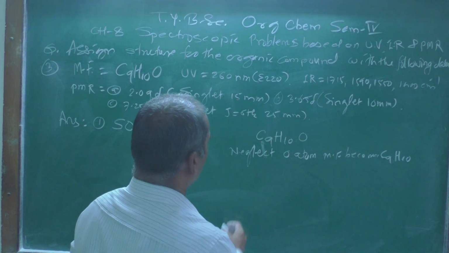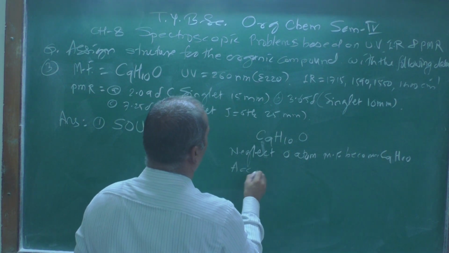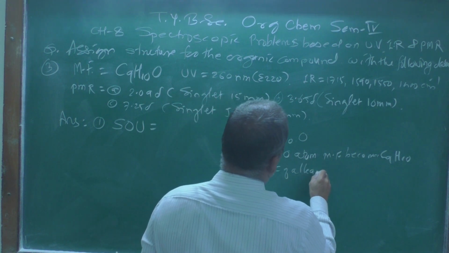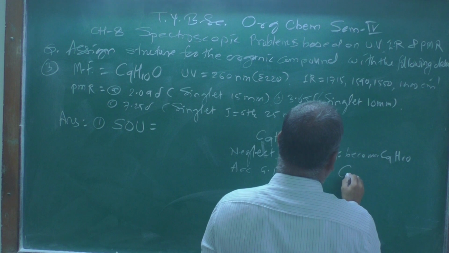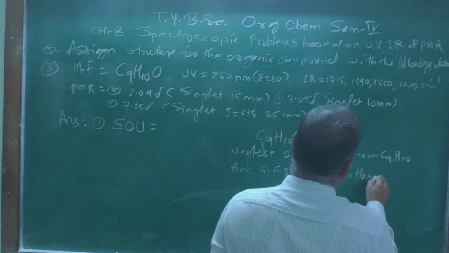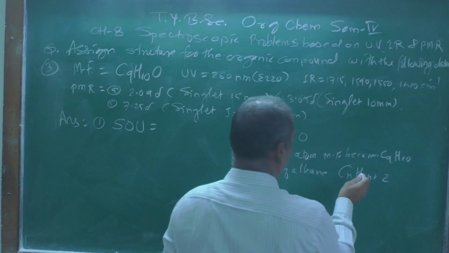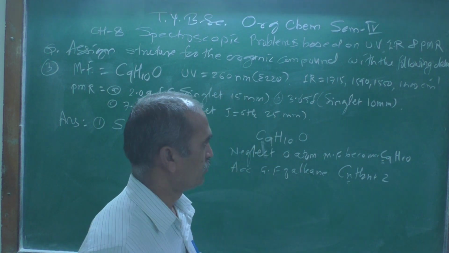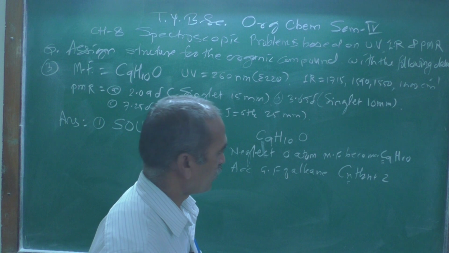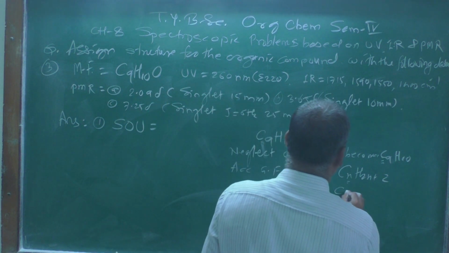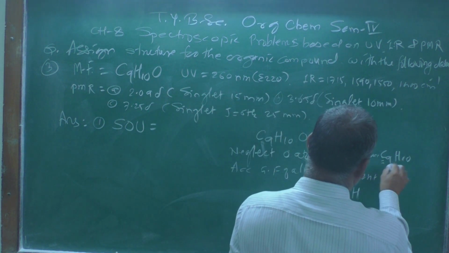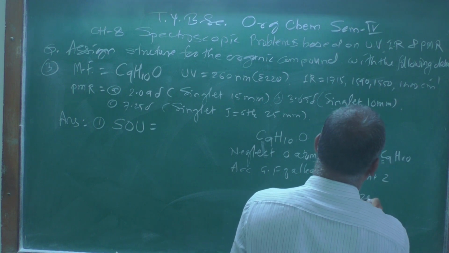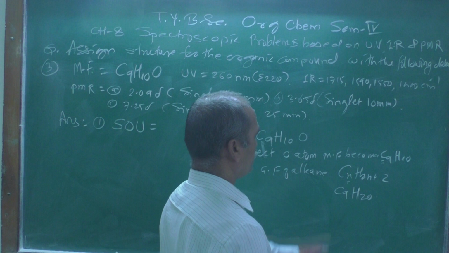Now according to the general formula of alkane, CnH2n plus 2, substitute the value of carbon. So you write here C9H, 9 into 2 is 18 plus 2 is 20, C9H20.